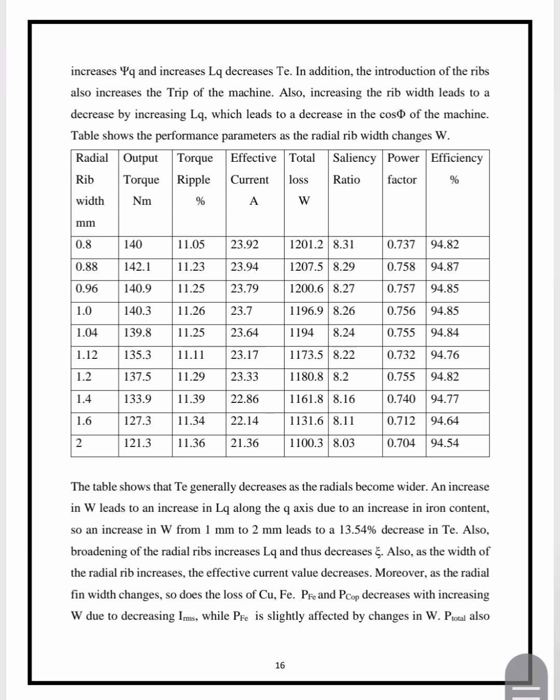Also, due to the widening of the radial ribs, the insulation ratio along the q-axis decreases and efficiency also decreases. As the width of the radial rib increases, effective current also decreases. Moreover, the radial rib width also changes the losses of the iron and the copper, which we have used in the fabrication of the SynRM.